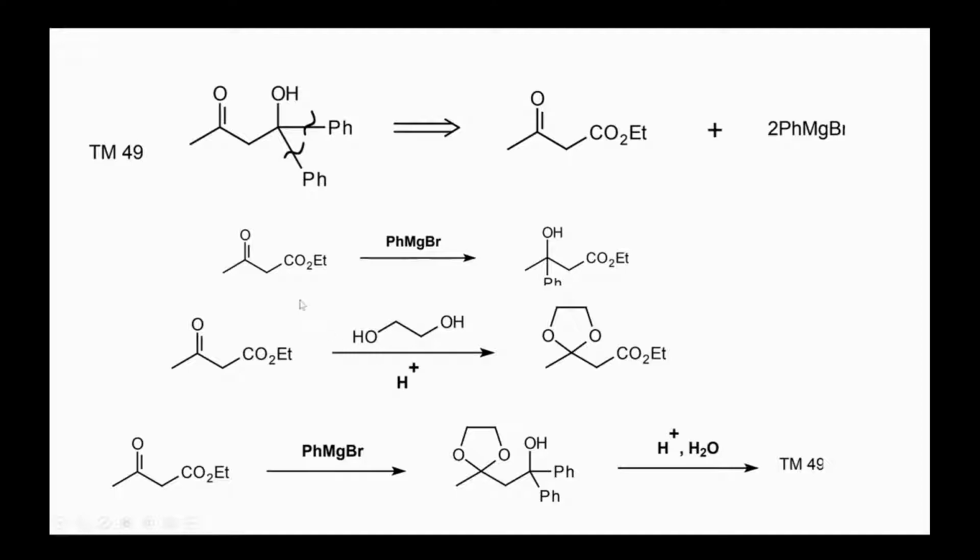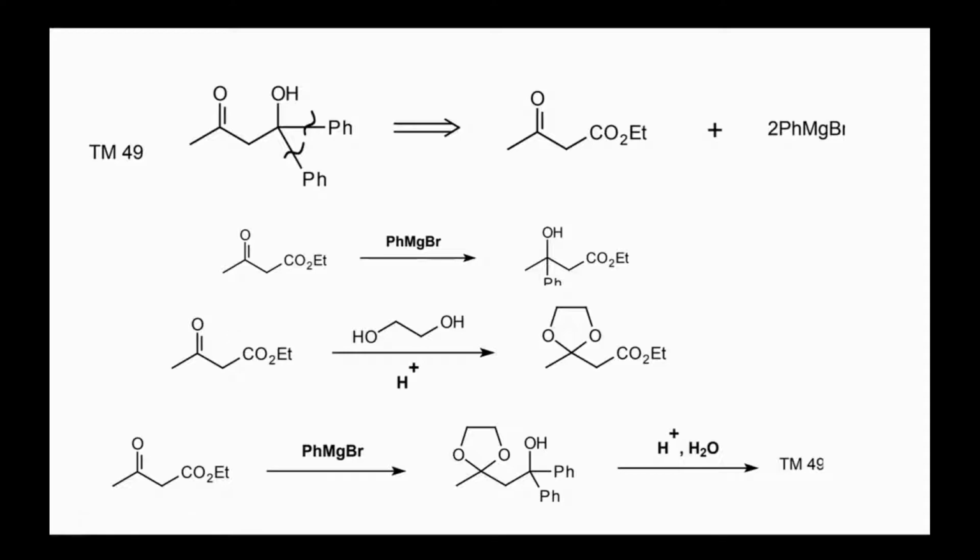Why? Because if you react this compound with phenyl magnesium bromide, that will react with this ketone first and ester later, because Grignard reagent prefers to react with ketone first, then with ester. Now if you protect these things, like if you use a protecting group strategy, the protecting group for ketones is acetal formation.